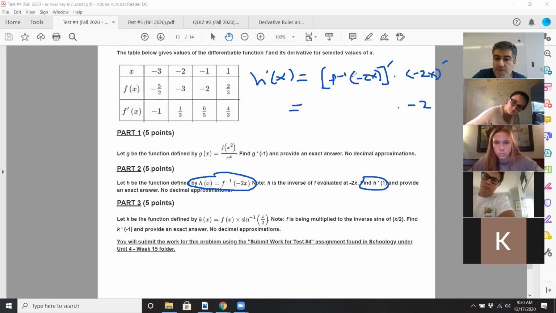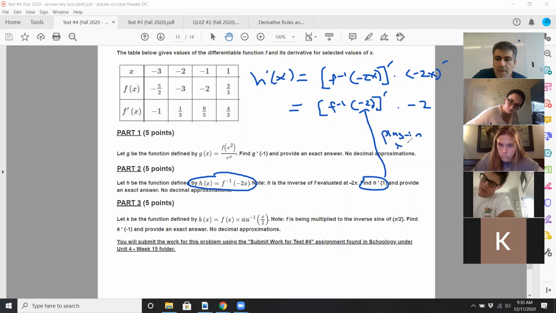And then derivative the inverse. Before you get too carried away with it, let's plug in 1 for x. Okay, so you want to find the derivative of the inverse at -2.